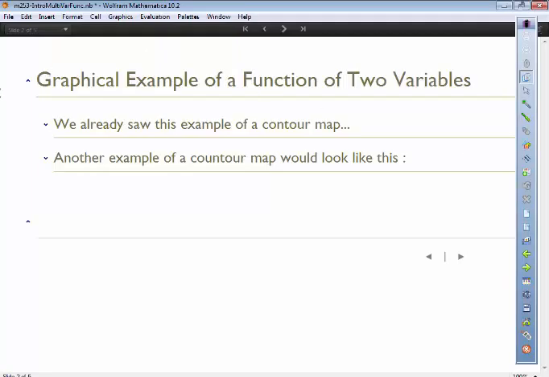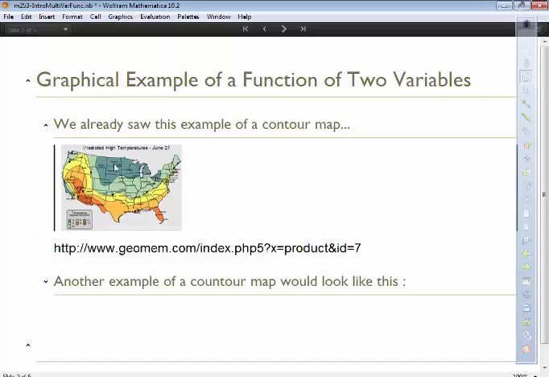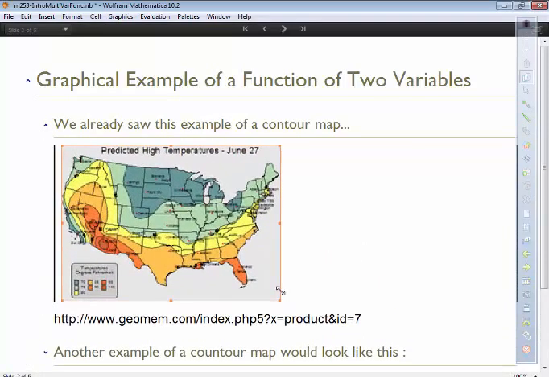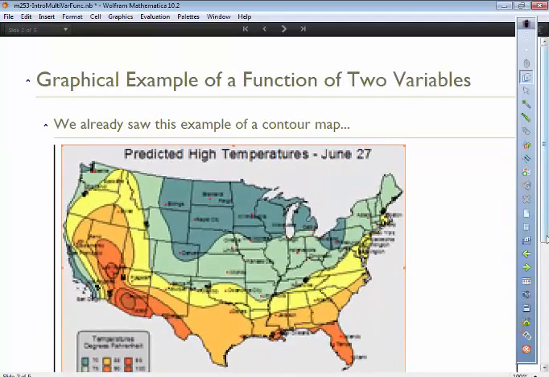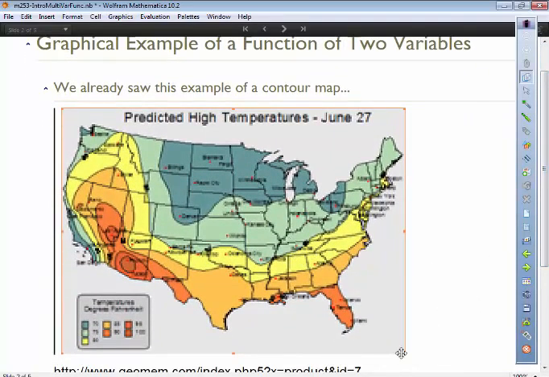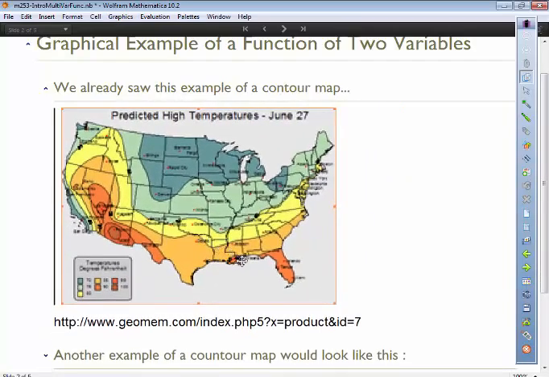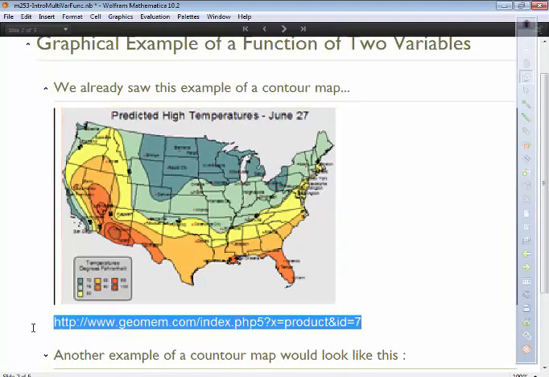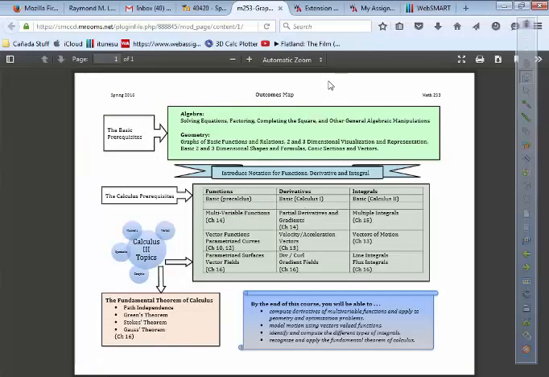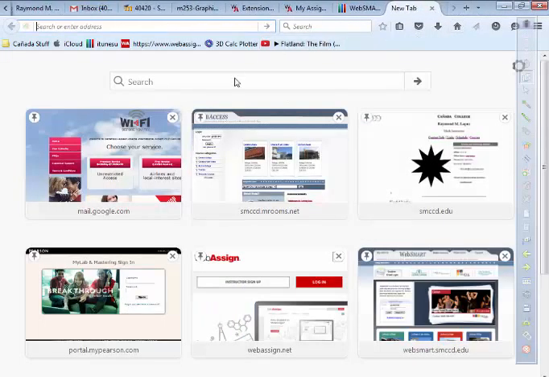All right. So a possible example would be a contour map. There's this map over here that says the predicted high temperatures. This is really blurry.